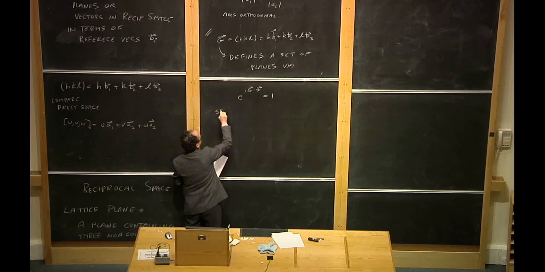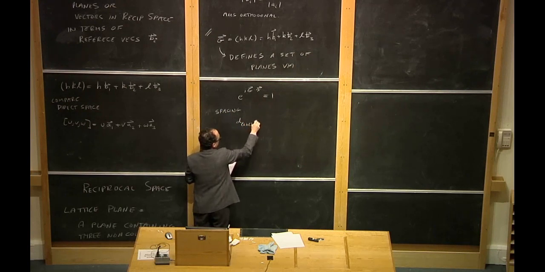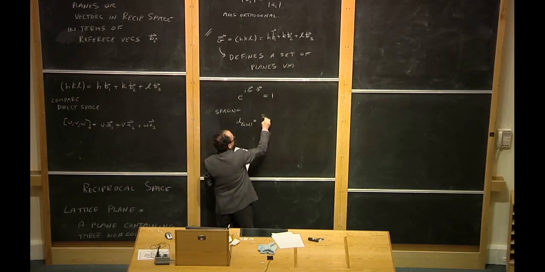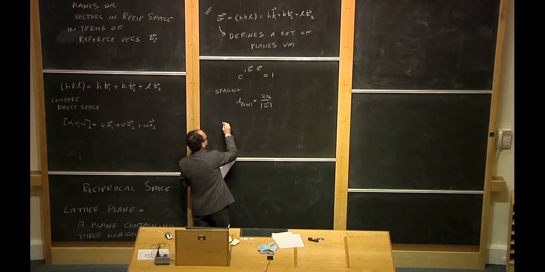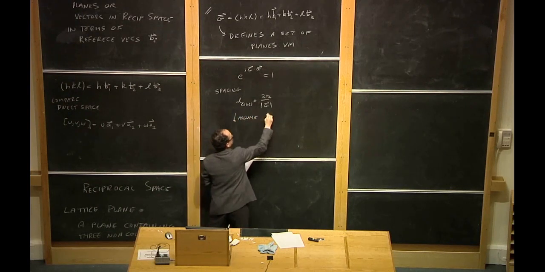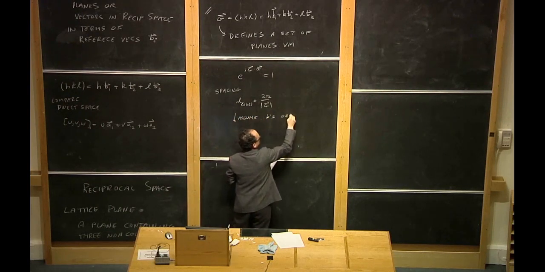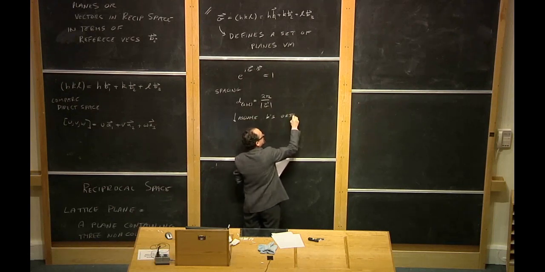And the spacing of these planes is d_hkl equals 2 pi over the absolute value of G, assuming orthogonal axes, B's orthogonal, or A's and B's orthogonal.